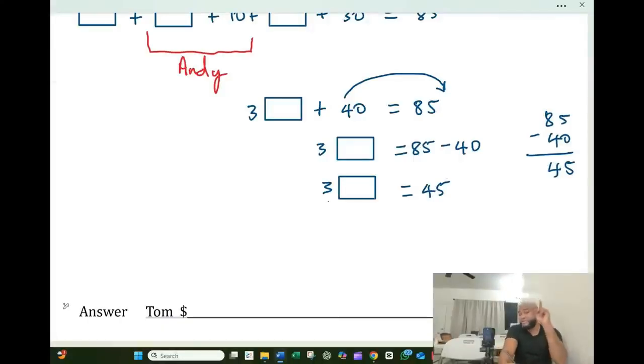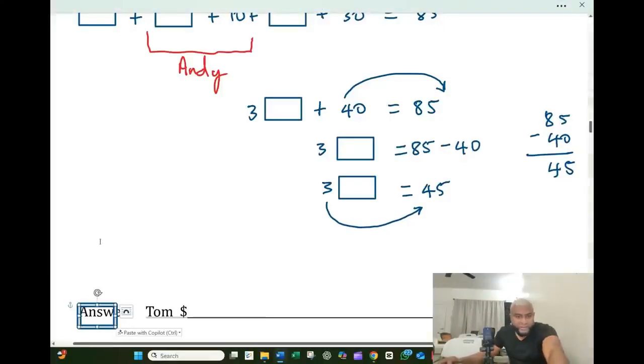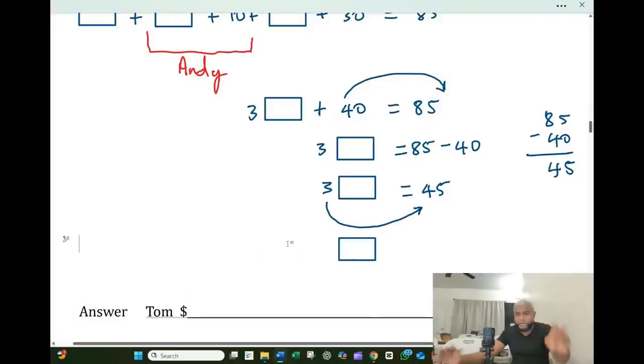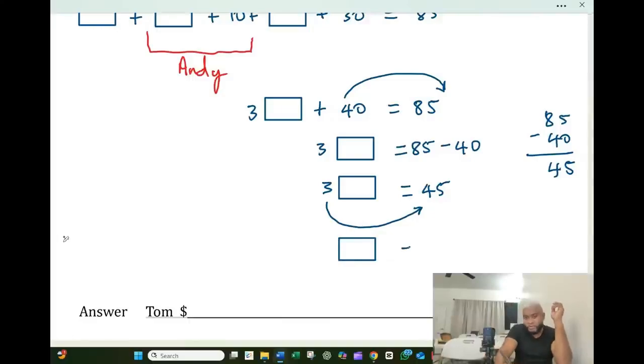And then we need to take this 3 and divide it here, okay? So the same box would be equal to 45 divided by 3, and I think everybody's supposed to have a fair idea that 45 divided by 3 would be 15, right? 3 into 4 is 1, remainder 1.